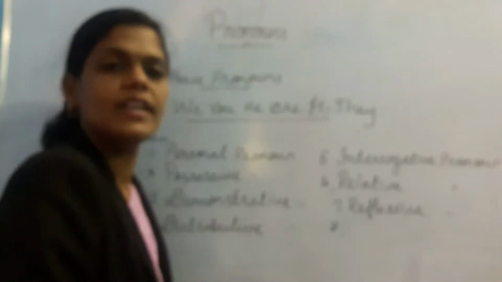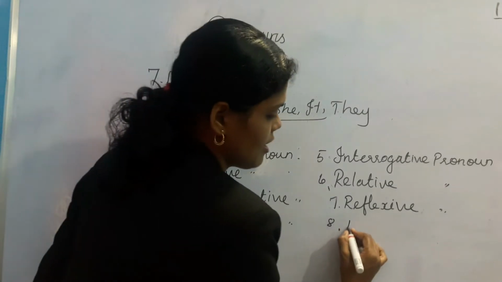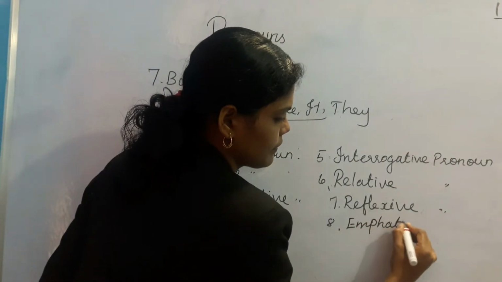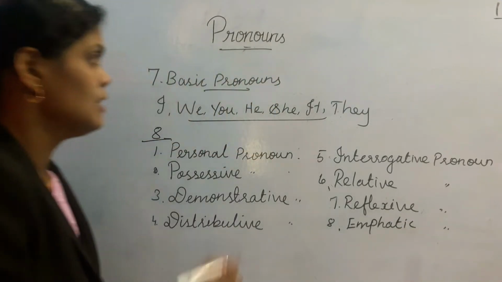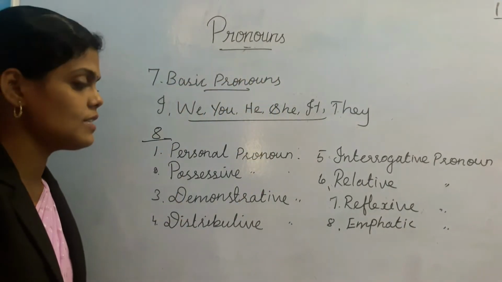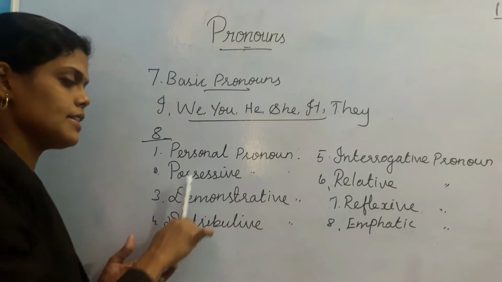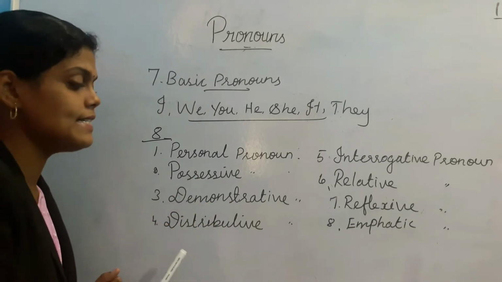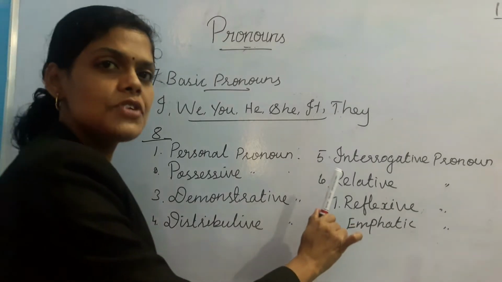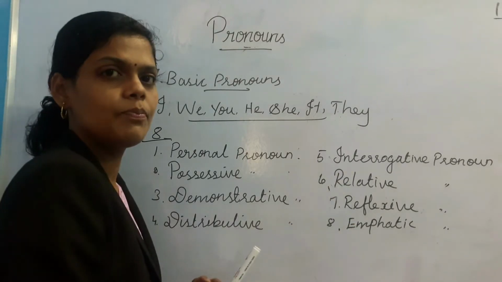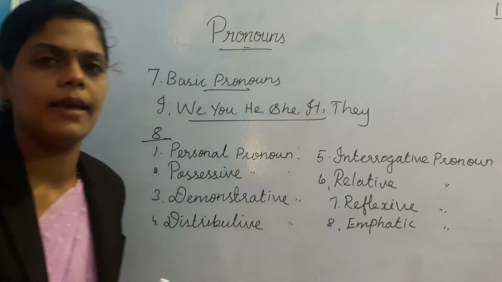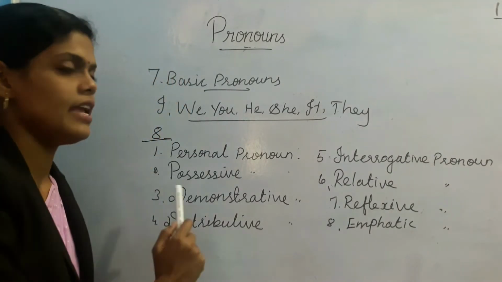Eighth one is emphatic pronoun. These pronouns are classified into 8 parts. What are they? Personal pronoun, possessive pronoun, demonstrative pronoun, distributive pronoun, interrogative pronoun, relative pronoun, reflexive pronoun, and emphatic pronoun. Now we are going to learn each.